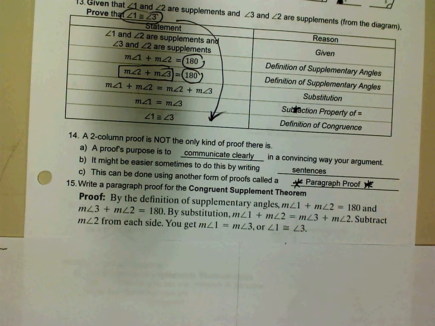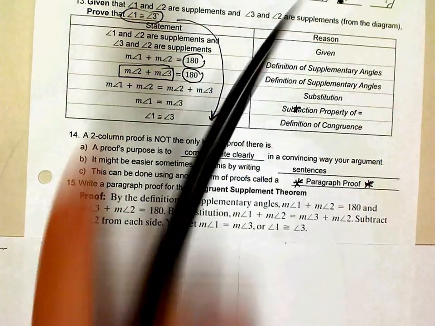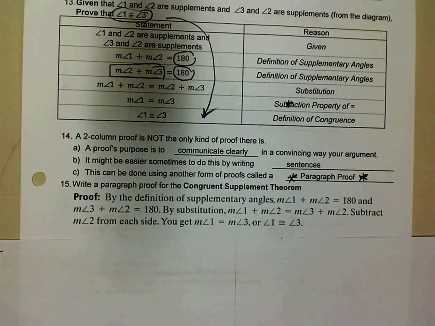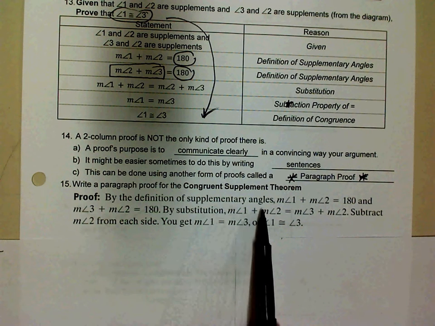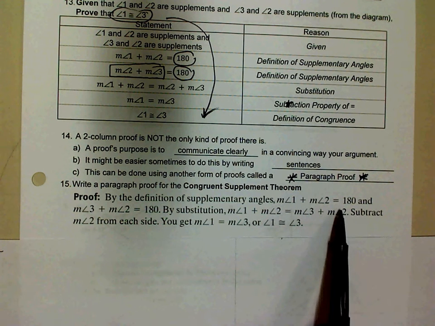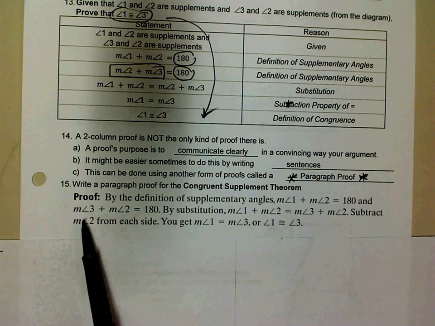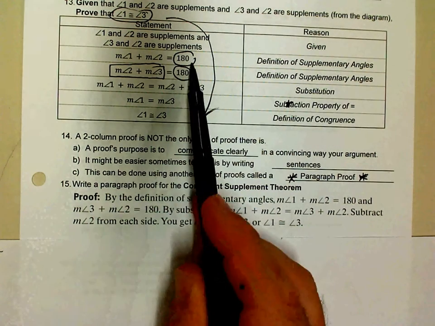So we're just basically walking our way through this and talking it out, writing it in sentence form. First of all, by definition of supplementary angles, measure of angle 1 plus the measure of angle 2 equals 180, and the measure of angle 3 and the measure of angle 2 equals 180. What we did up here, but it's just in common English terms.